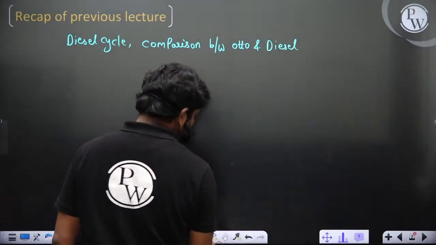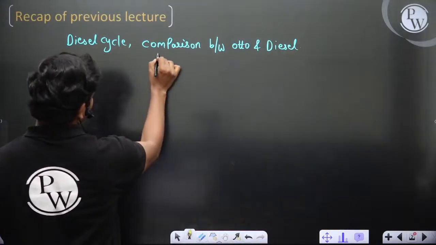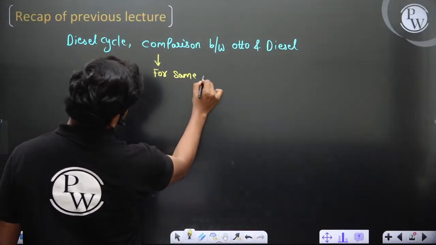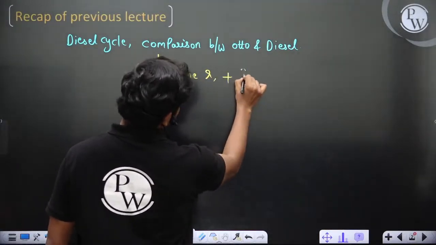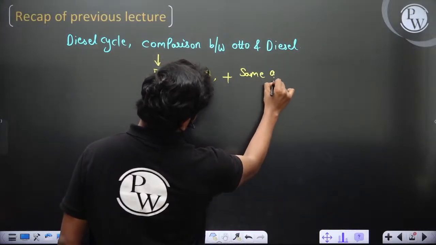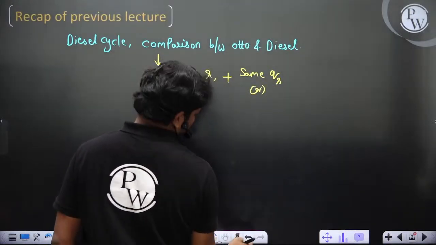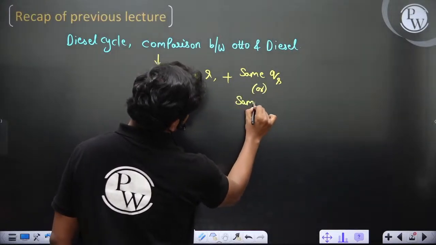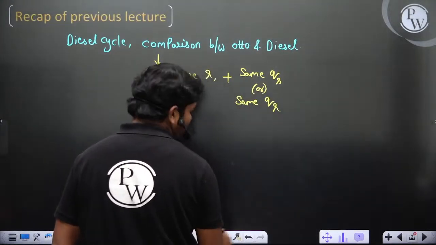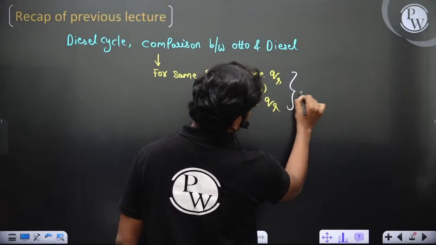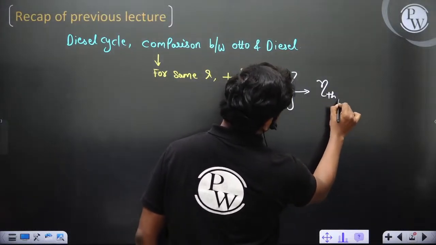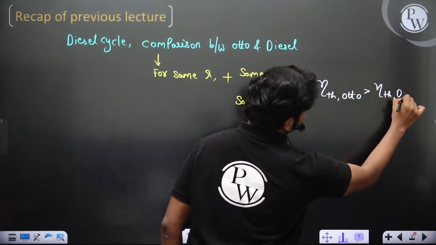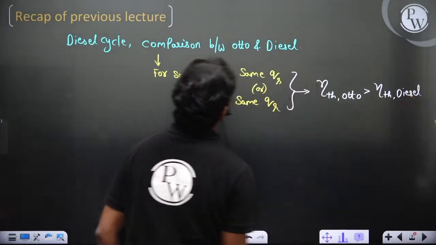We have seen for the same compression ratio plus same heat addition or same heat rejection, after doing a bit of thermodynamic analysis, we found out the thermal efficiency of Otto is going to be more than the thermal efficiency of diesel, correct? So this is what we have seen.